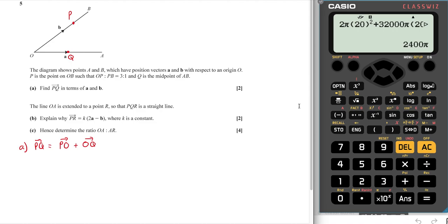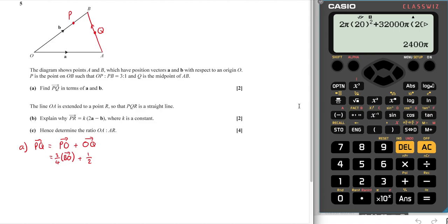P to O. Well, we know that's 3/4 of the way backwards along B to O. And then O to Q is halfway along A. Oh no, it's not. Q is the midpoint of A to B. Oh, I've got Q in the wrong place. So let's find A to B. A to B is this line, and Q is that line.